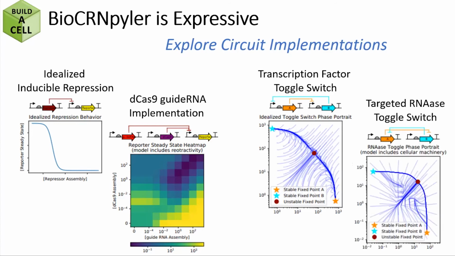Well, using Biocompiler, it would be very easy to switch this to become a targeted RNase toggle switch, where here, instead of binding to a promoter and blocking transcription, each of these proteins, A and B, is actually an RNase that can selectively degrade the other transcript. And if you design this right and work in the right parameter regimes, it seems to be possible, at least according to these simulations, to build an RNase-mediated toggle switch.